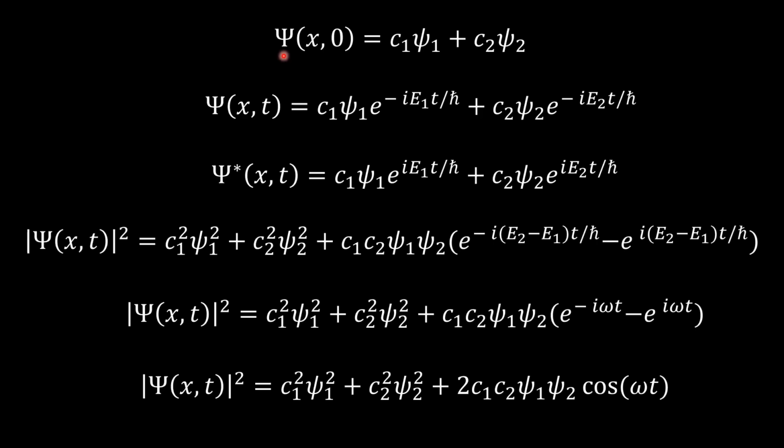The initial wave function is given in the form of a linear combination, that is psi(x,0) = c1 psi1 + c2 psi2. These c1, c2 are the expansion coefficients, or probability amplitudes, we can take them.